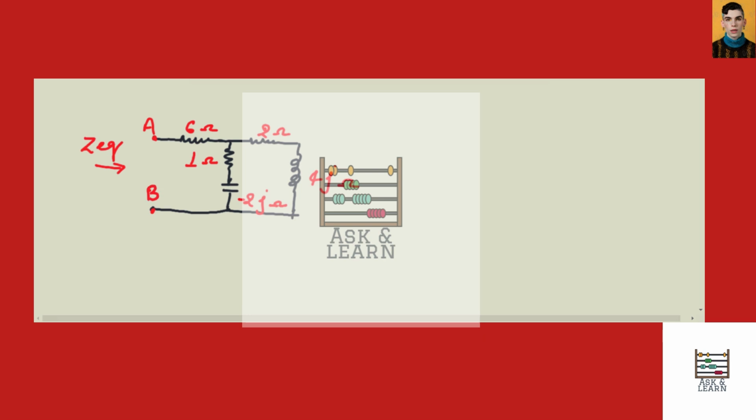As you can see, this 2 ohm and this 4J ohm are in series, so we can directly add them. If I redraw the circuit diagram, this is 6 ohm. These other two are also in series, so we can draw their equivalent impedance by simply adding both of them, and this will become 1 minus 2J impedance across this branch.